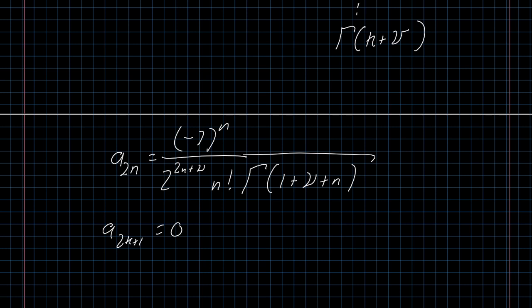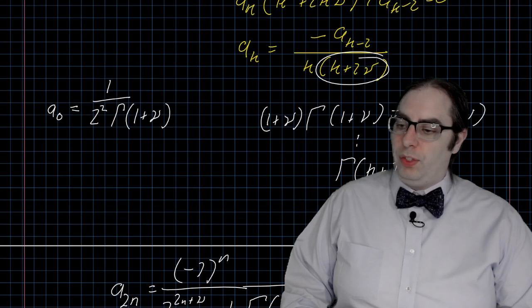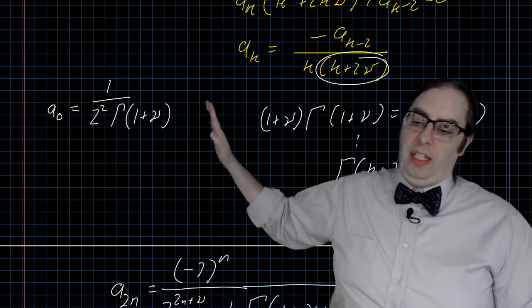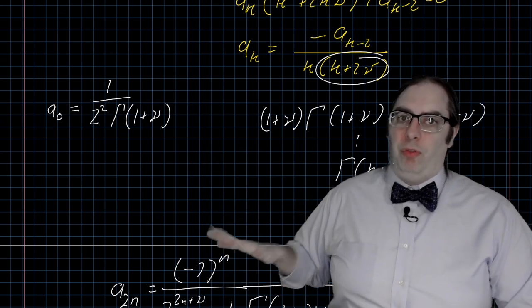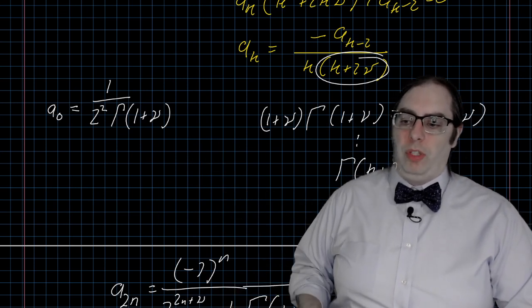I glossed over a lot of things at the end there, just to give you some ideas on the notation. Everything from where I introduced my value of a naught downward, that's just for historical context so that you know what's going on.